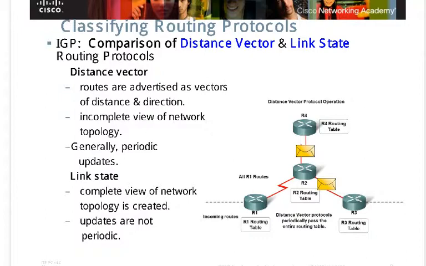So I do not have any information about the entire topology of the network. All I need to know is that the distance between me and any final destination is X, and in order to go there, I need to take a step towards a certain direction. But I have no guarantee, I have no global view about the network.